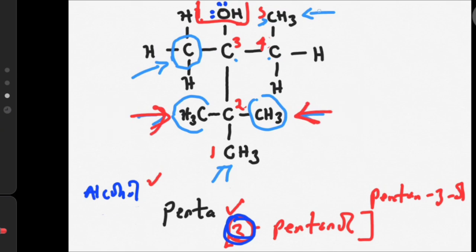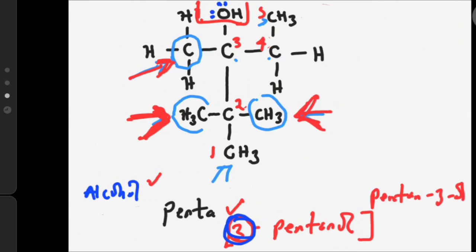While if you start counting from the top here, the substituent is going to be on the third. Can you see? So that means we are not going to count towards the carbon whose substituent is on the third. Instead, we are going to count from this substituent whose carbon substituent is on the second. All right. So that is just the idea I need you guys to understand.